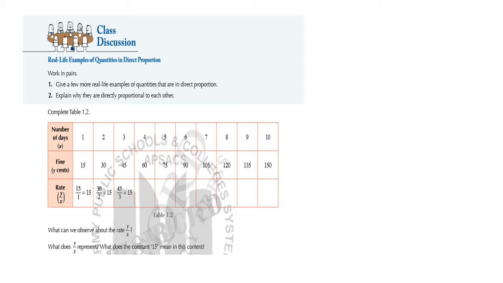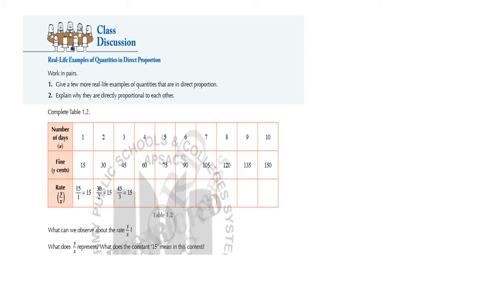If the number of days a book is overdue is tripled, for example 3, we will compare it with 9. The fine for 3 days is 45 and the fine for 9 days is 135. We can clearly see that 45 times 3 is 135. So yes, the fine also tripled.